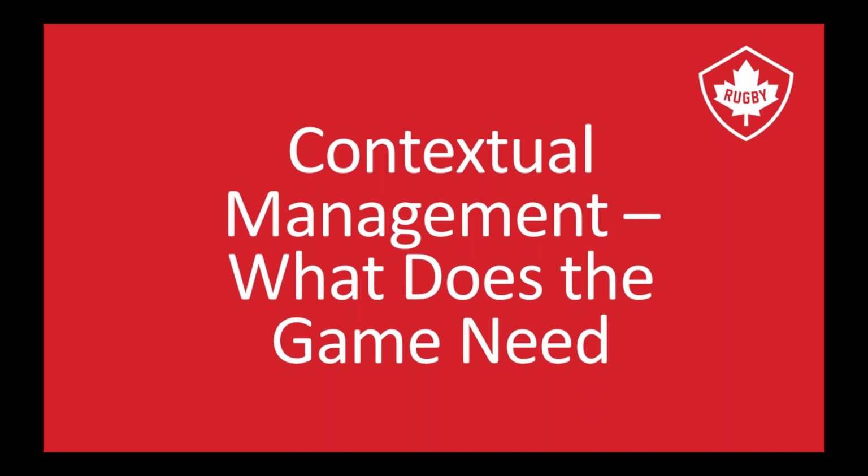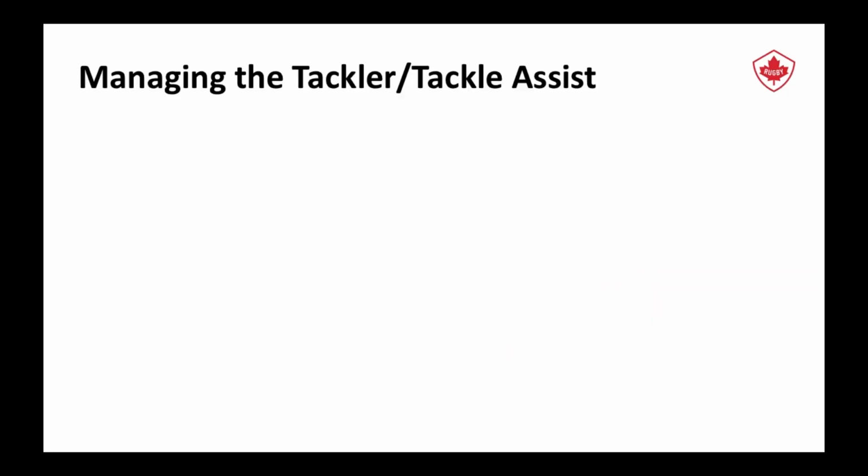Right, so we've got some pictures and some ideas of what it is we want to see out of this ruck situation. So when we look at the game, knowing that most tackle ruck situations end up looking very different from phase to phase or situation to situation, what are some of the things that we can do to help us get some continuity, and how do we make decisions based on what the game needs?